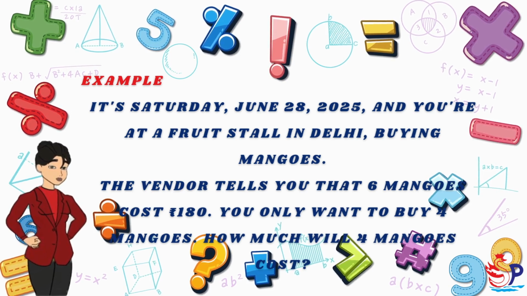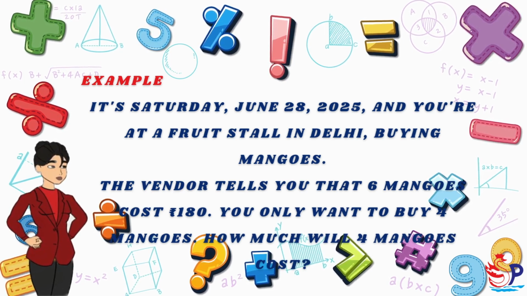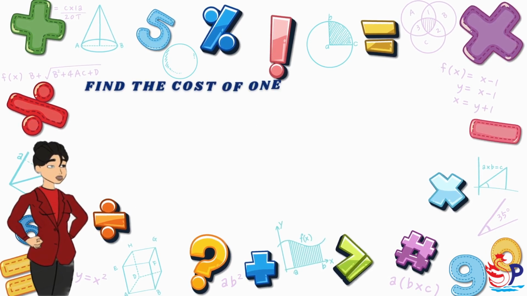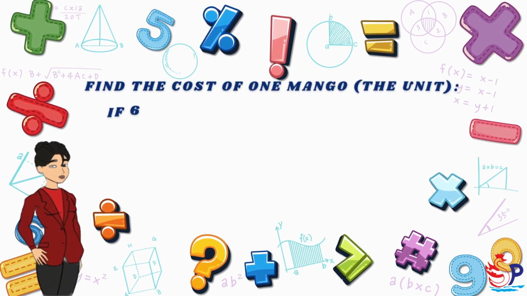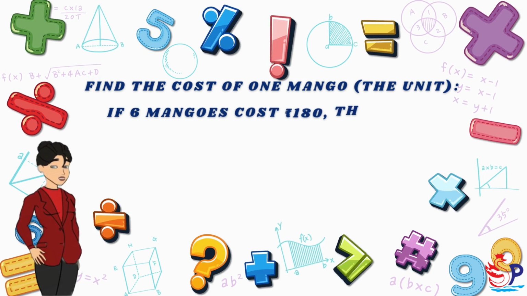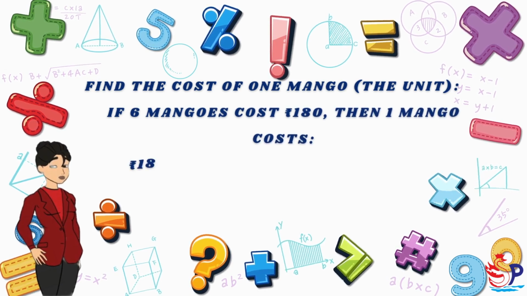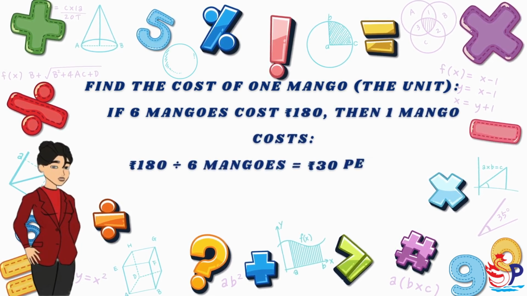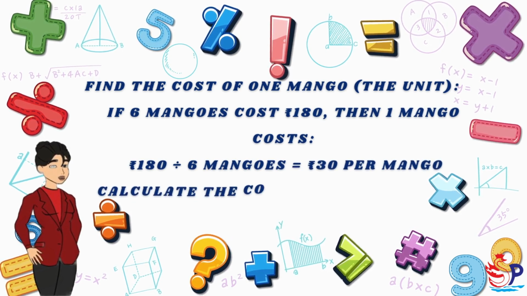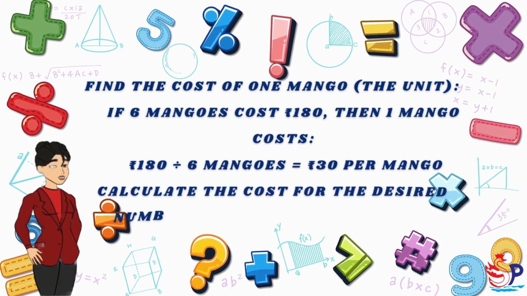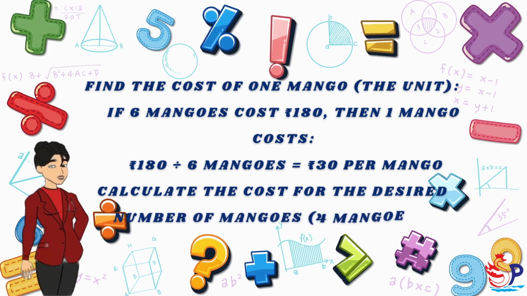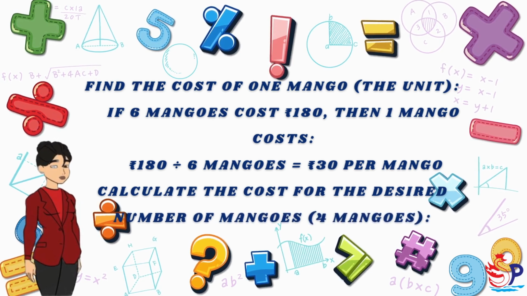How much will 4 mangoes cost? Find the cost of 1 mango, the unit. If 6 mangoes cost 180 rupees, then 1 mango costs 180 rupees divided by 6 mangoes is equal to 30 rupees per mango.